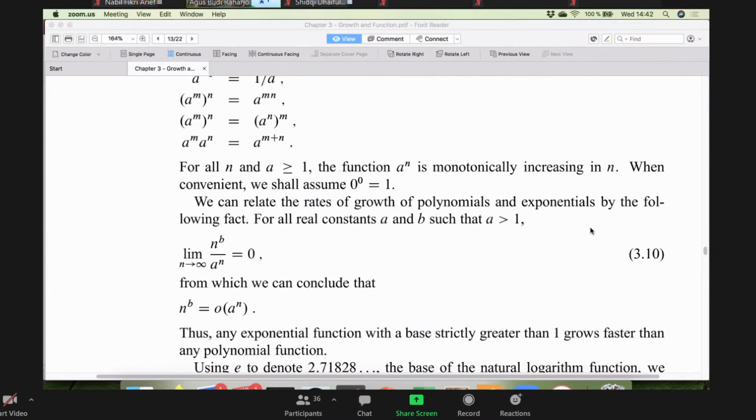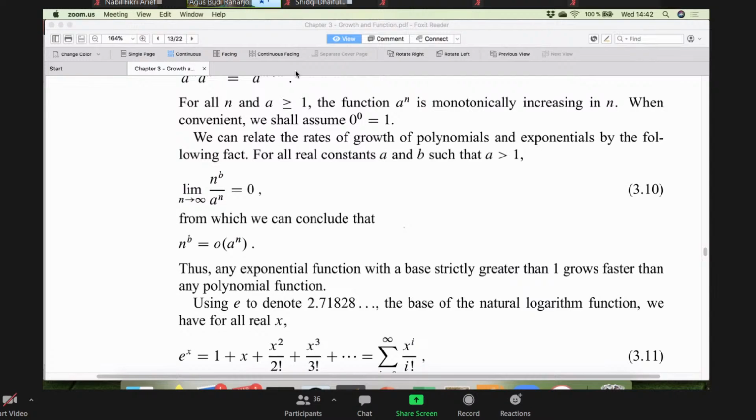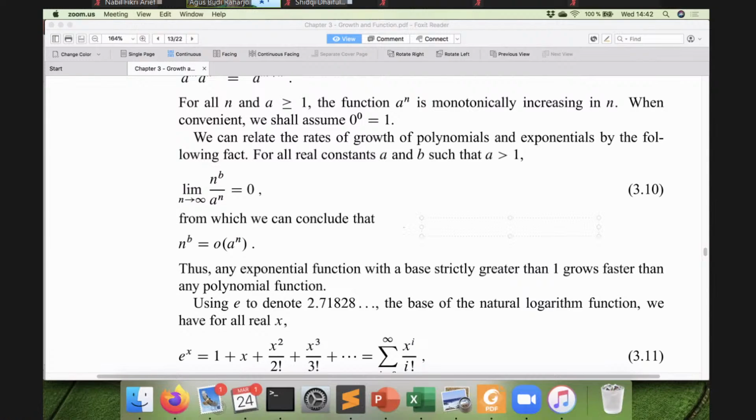So if you have, for example, sir, let me type here. For a polynomial, we have like 2n to the power of 10 plus n, etc. For an exponential, normally we have 2 to the power n. Let's say for a it's 2 or whatever the number.